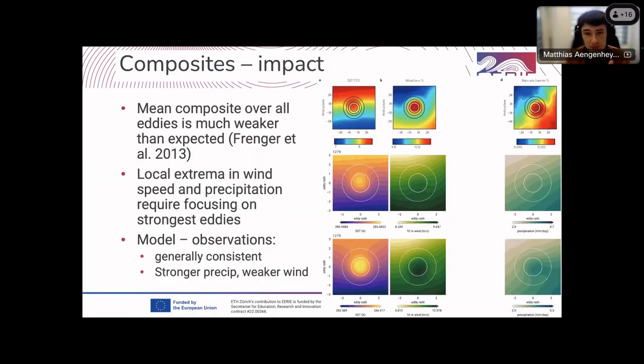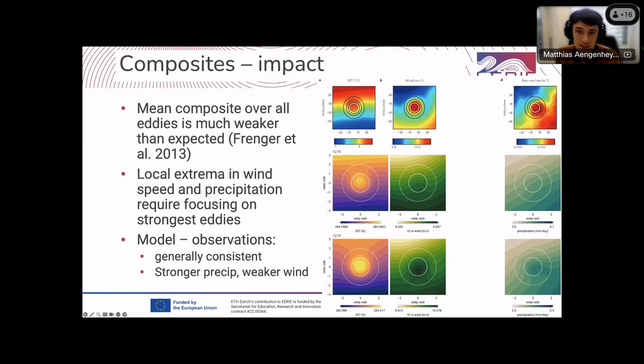But what's interesting is when we now compare our results to previous studies, for example, to Frenger et al. 2013 that I mentioned before. They seem to get much stronger local maxima without having to do this very intense subselection that we do. So we really need to go to the top few percent of eddies to get these local maxima in precipitation and wind.